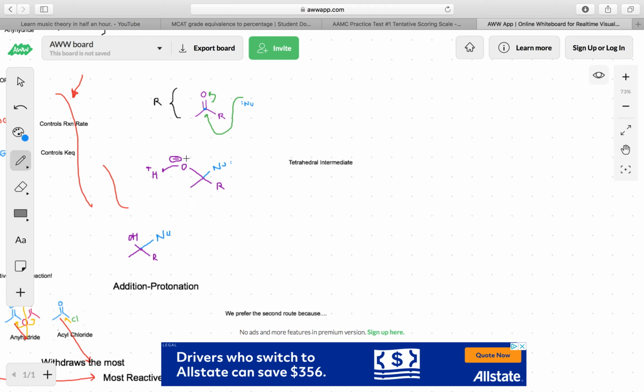However, the other way that this reaction can proceed, let's just erase this, is this O- can push down electron density and it can kick off this R group. So what you're going to get there would be something that looks like this.